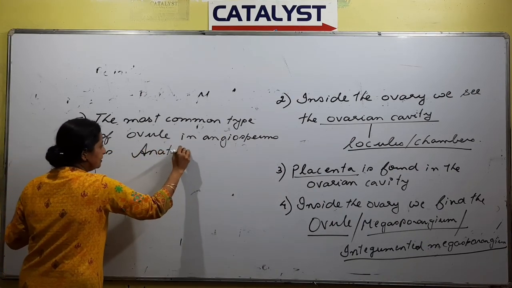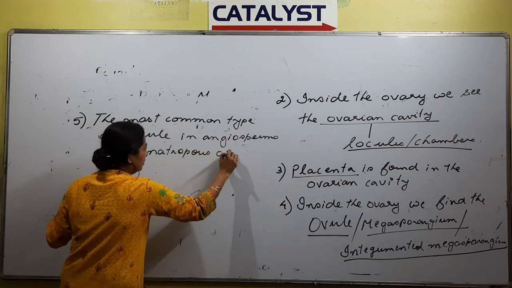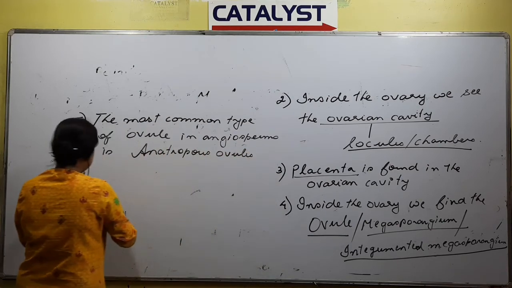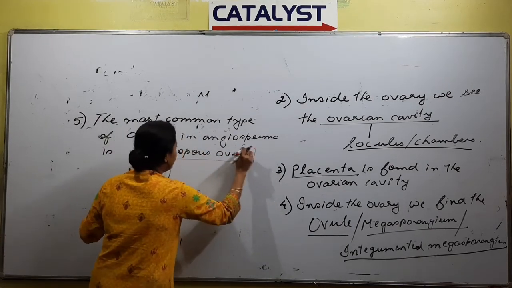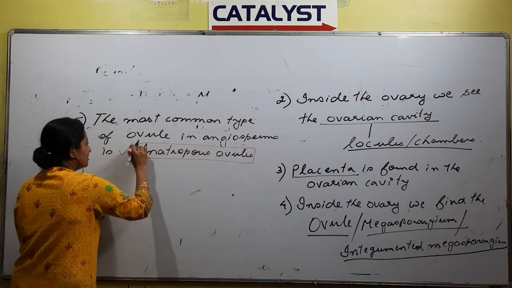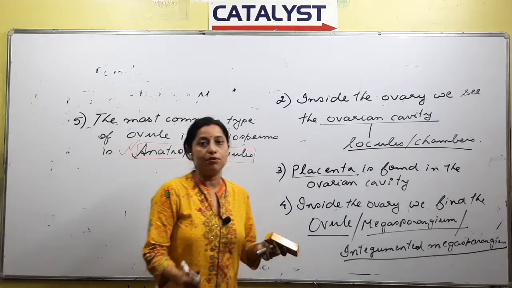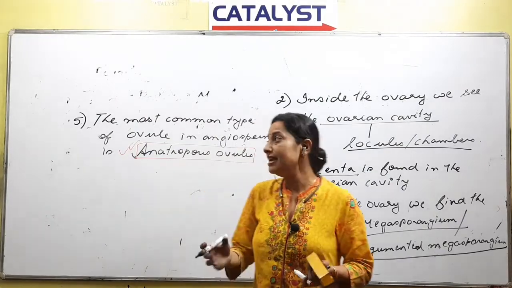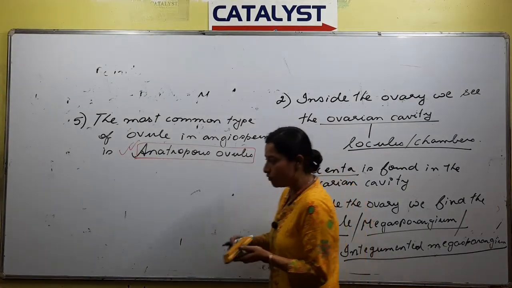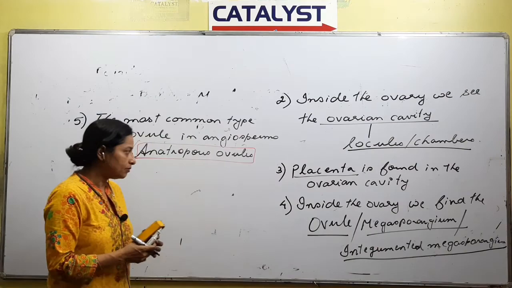Ovules are of various types, and we will be discussing them in the next class. There are anatropous ovules and orthotropous ovules, but in angiosperms, the most important and most common ovule that we see is called the anatropous ovule. Now we would have to discuss the structure of an ovule.